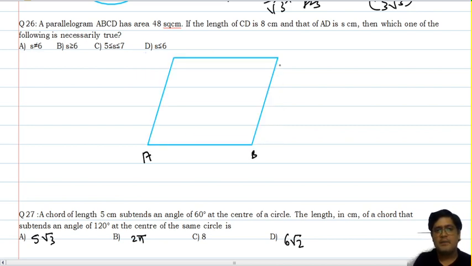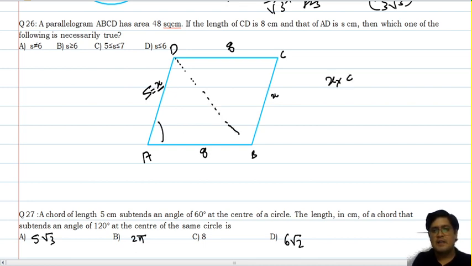A, B, C, D. CD is 8, so AB is also 8, and AD is S. See, my S looks like 5, so I'll call it X. Let us call it X. I'm working with X. Now I need to convert this question in the range of X or find the value of X. Now, one way that I know of, area of a parallelogram is also given by product of sides into sine theta as 48. That gives me X is equal to 6 upon sine theta.